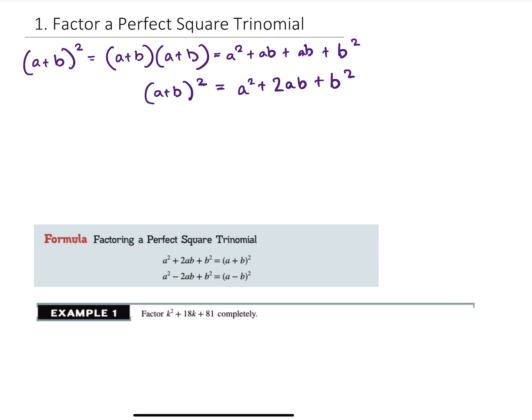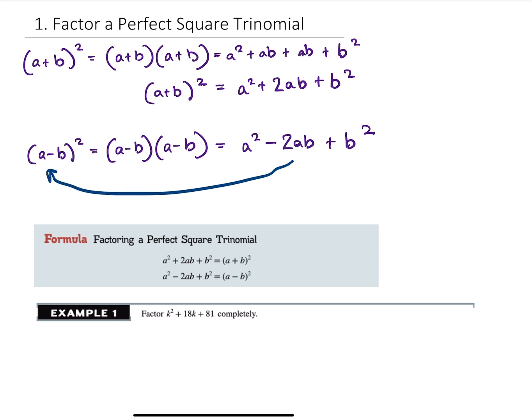And this also works if we had something like a minus b squared. In the same way, this would be a minus b times a minus b, which would give us a squared minus 2ab plus b squared. So we'll do the same. If we start with something on the right, we'll be able to jump to factoring it as what's on the left here.